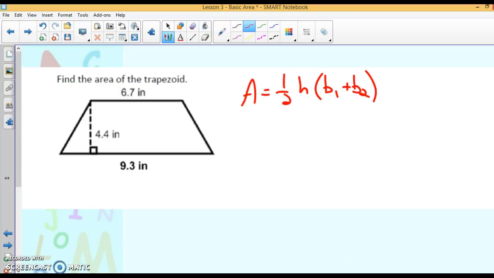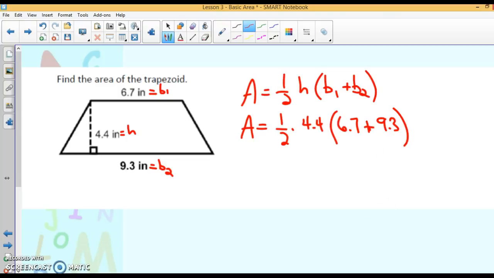Your formula sheet shows you which is b sub 1, the height, and b sub 2. So to find the area, I'm going to do 1/2 times the height, which is 4.4. Notice I have parentheses. You cannot drop the parentheses. Times the quantity b sub 1, which is 6.7, plus b sub 2, which is 9.3.